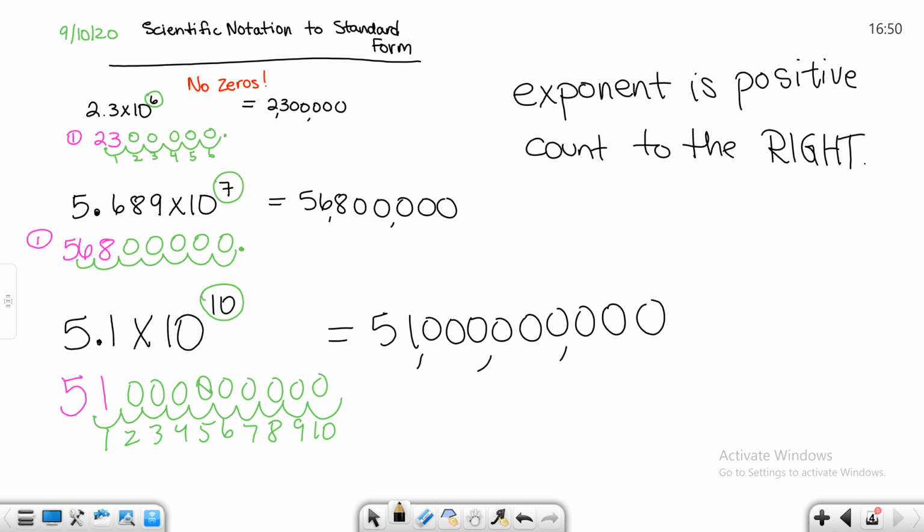I want to see 2.3 become 2,300,000. I want to see 5.689 become 56,890,000. So I'm counting to the right. And I want to see 5.1 become 51 billion.